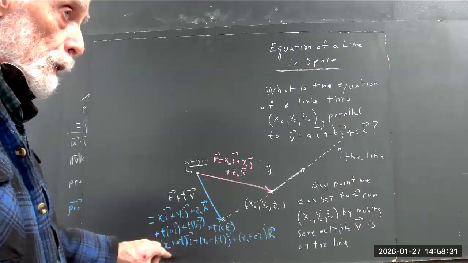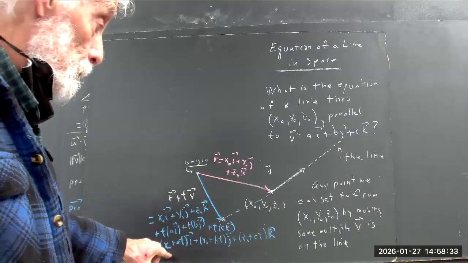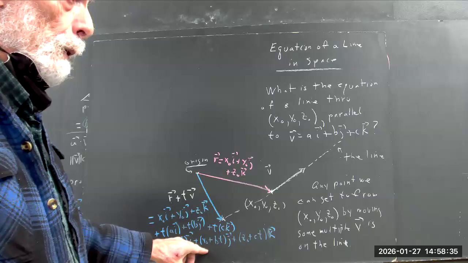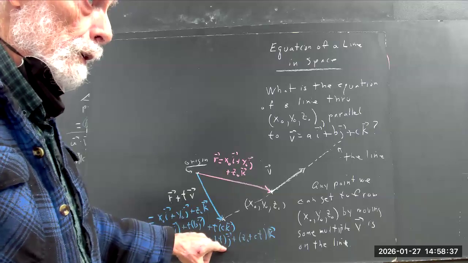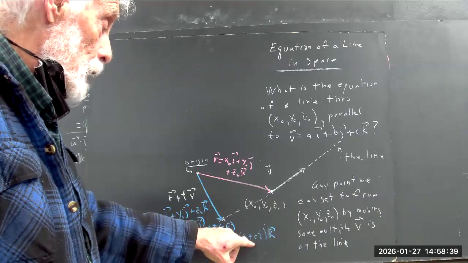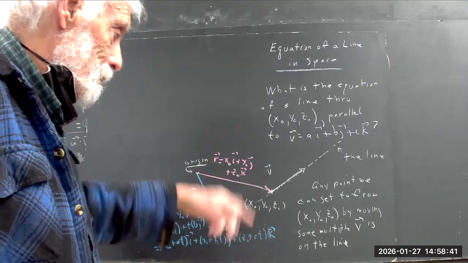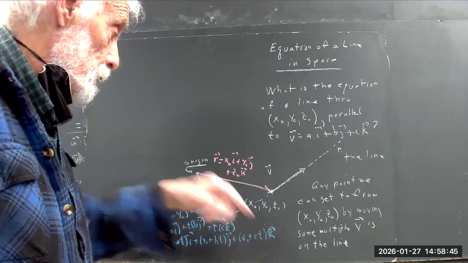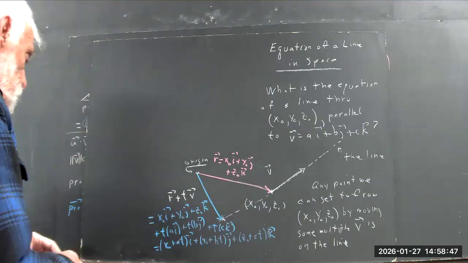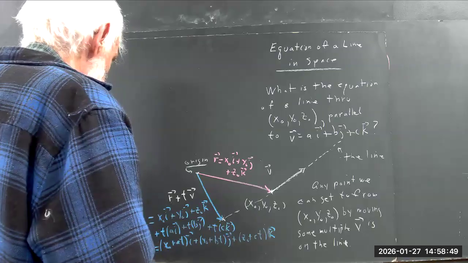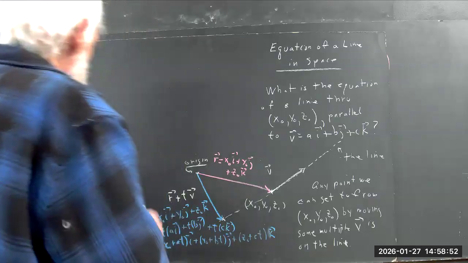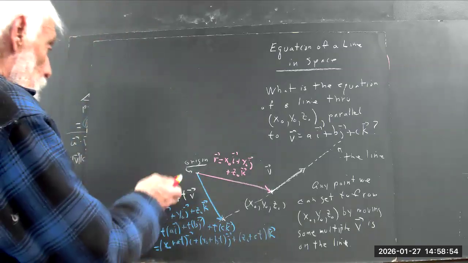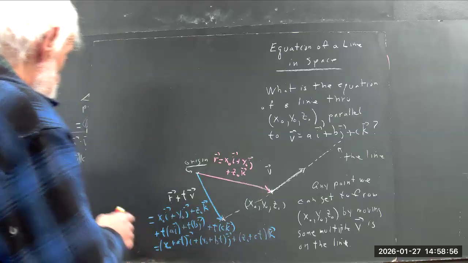So the i component is a linear function of t, and the j component is a linear function, y naught plus bt, times j, and the k component, where the z component is z naught plus ct times k. So we can summarize this by the parametric equations.